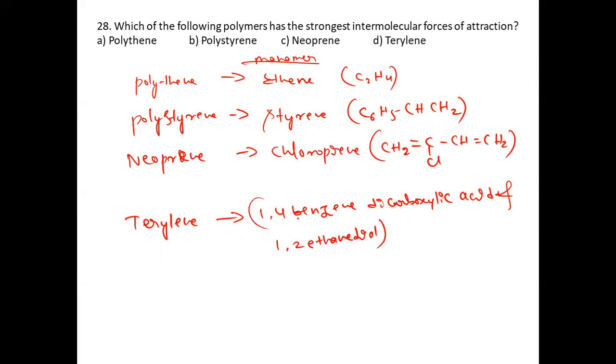Terylene has the strongest intermolecular hydrogen bonding, which is strongest among the other options like polythene, polystyrene and neoprene. So for question number 28 it is option D.